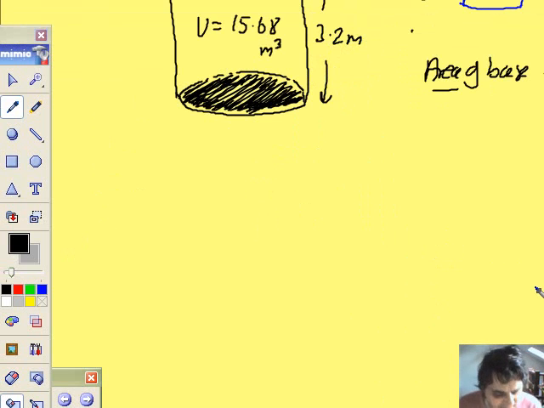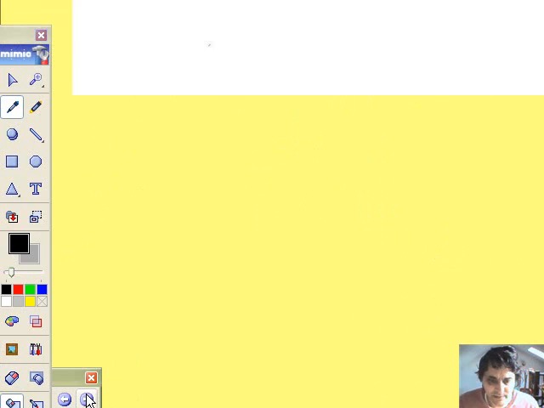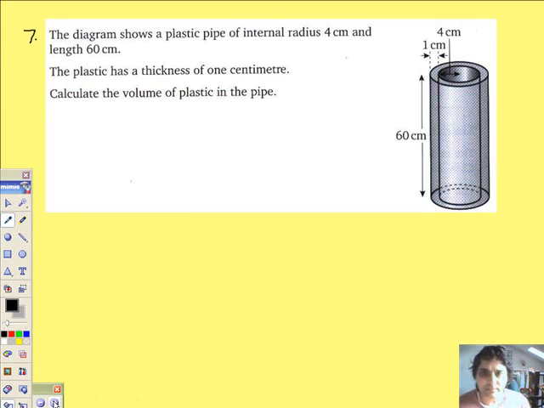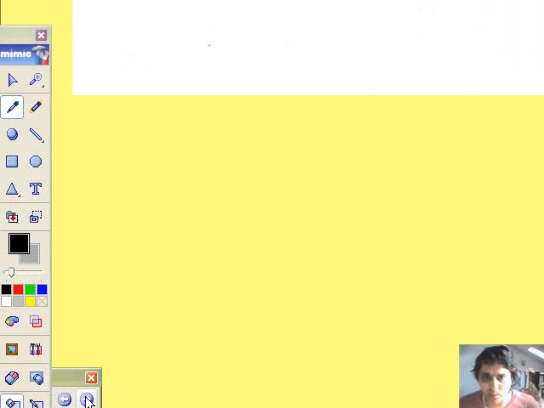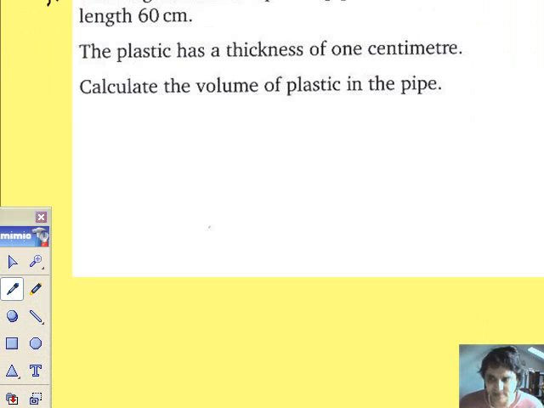I love question 7. I think it's on the other page, and with this I will stop section 11.2. It's a beautiful question, one of these thinking ones. It says the diagram shows a plastic pipe of internal radius 4 centimeters and length 60 centimeters.